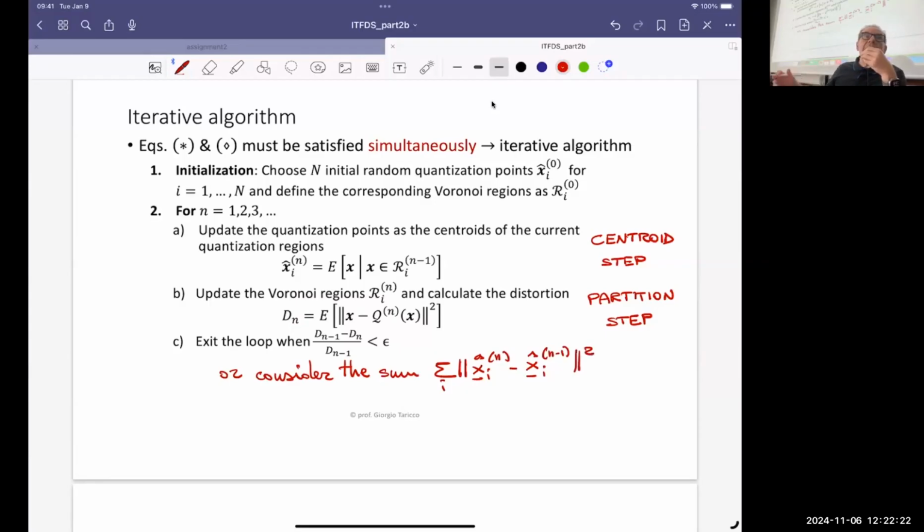If at a certain point this goes to 0, because there is convergence, then at this point we stop the iterations.